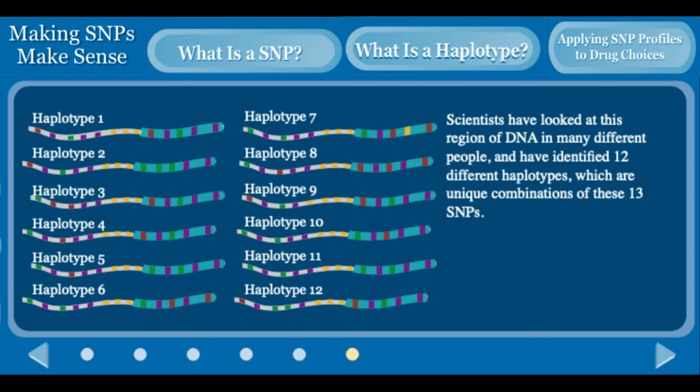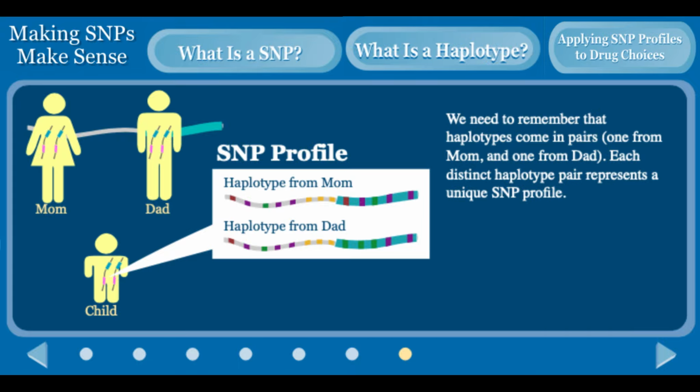By studying these variations across diverse populations, scientists successfully identified 12 different haplotypes, each representing a unique inherited combination of those 13 specific SNPs. As we've established, we inherit our genetic code in pairs, one haplotype from our mother and one from our father. Each unique combination of these two inherited haplotypes forms an individual personal SNP profile.